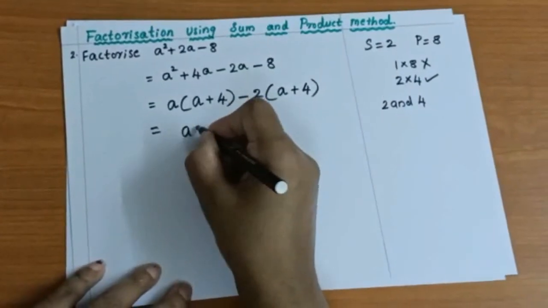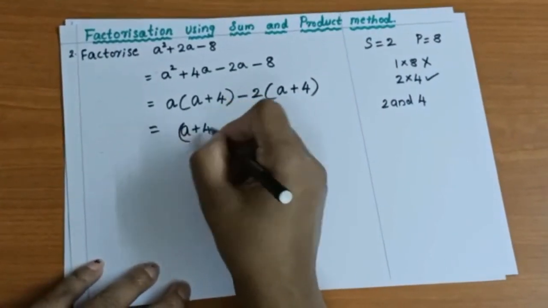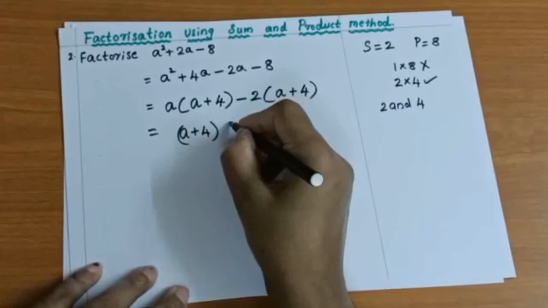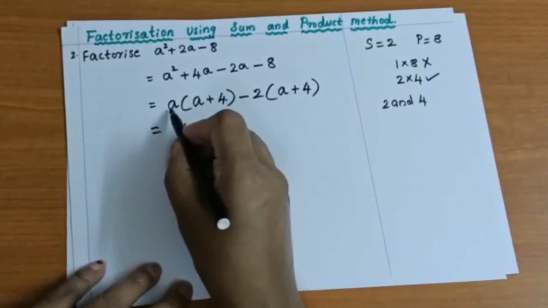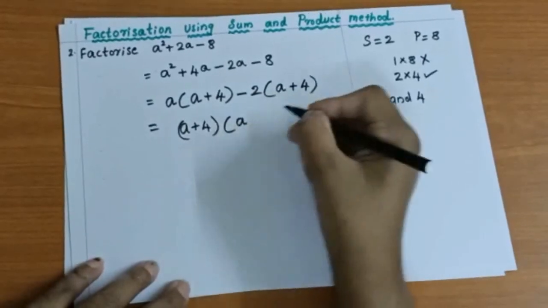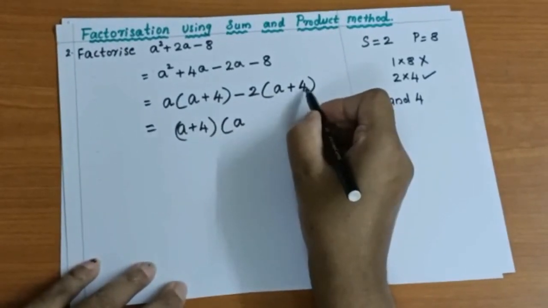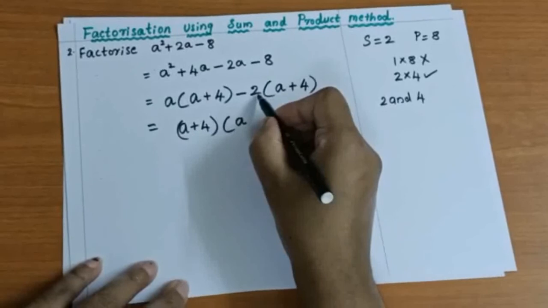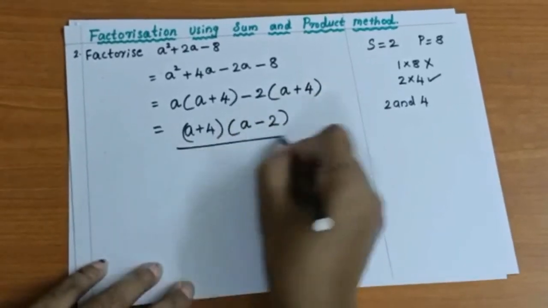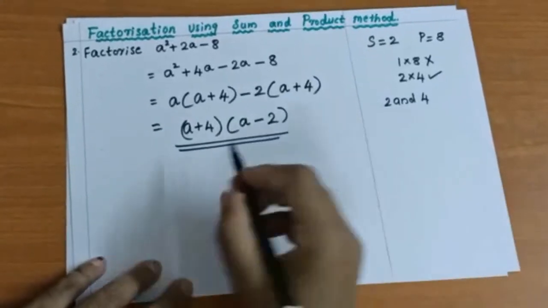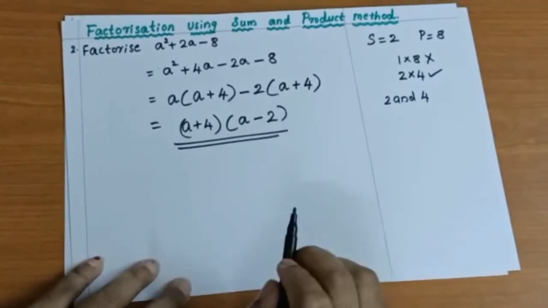So we can take a plus 4 outside. Inside what we will get? When we are choosing a plus 4 from here, a is balanced. a plus 4 is common. a took outside. The balance thing here in the second term is minus 2. So the answer is a plus 4 into a minus 2.